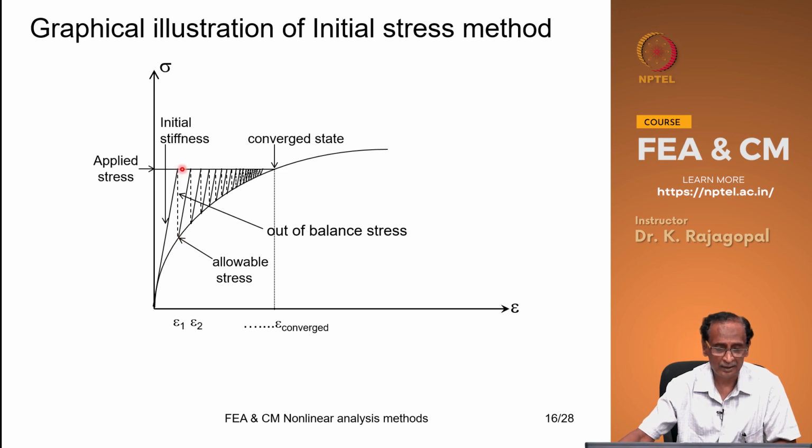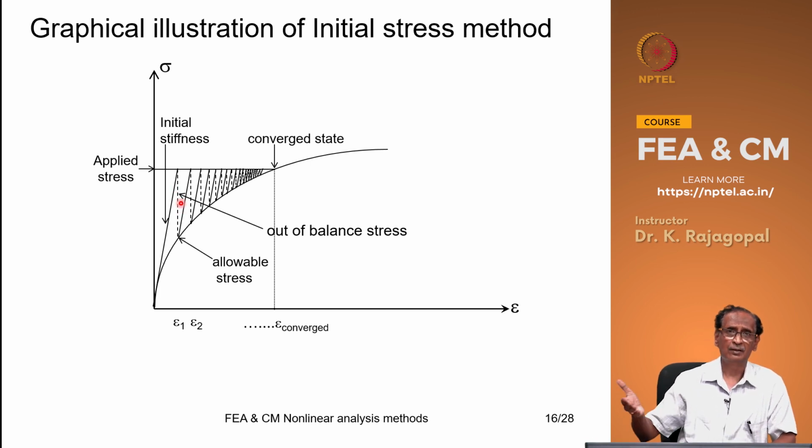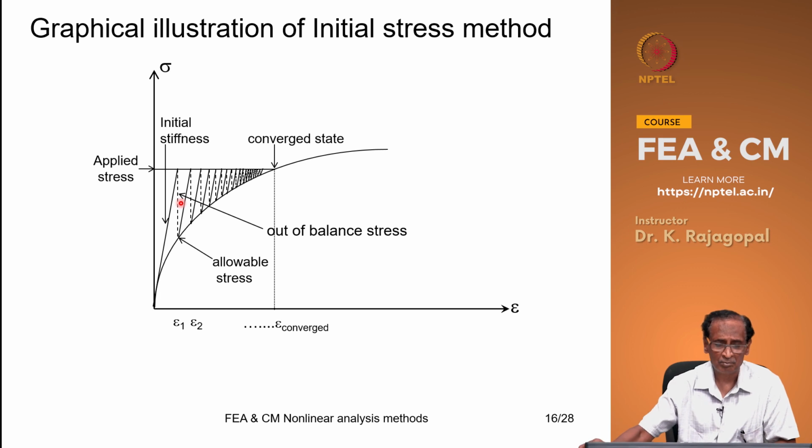and this is the unacceptable stress. The material can only support this much stress at this strain level, and so this is the out of balance stress. Corresponding to this we need to calculate a reaction force and then repeat the analysis.